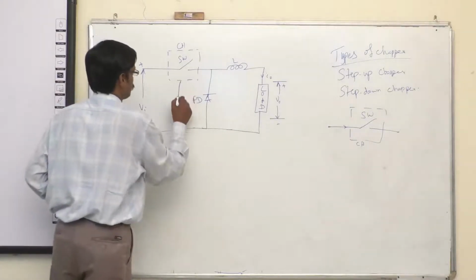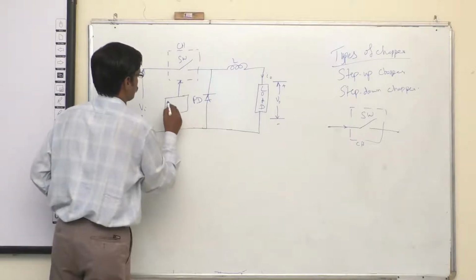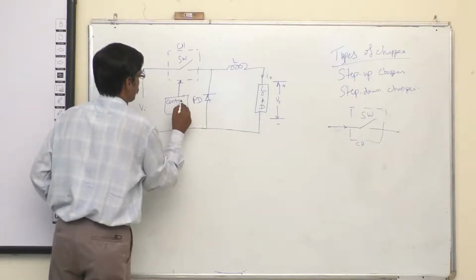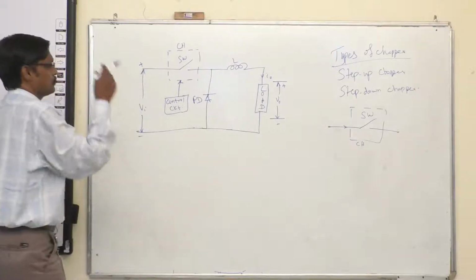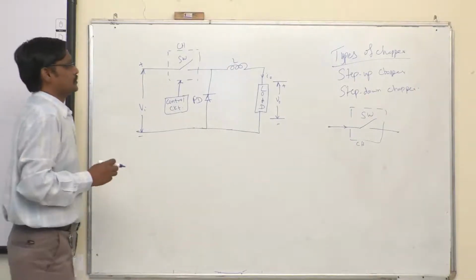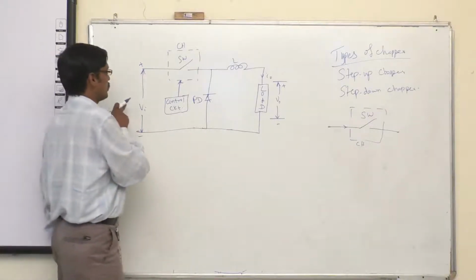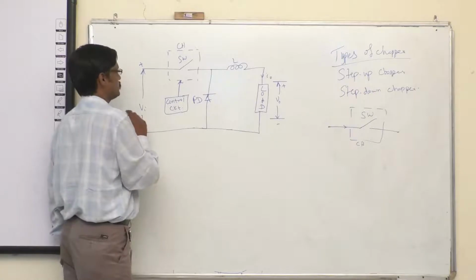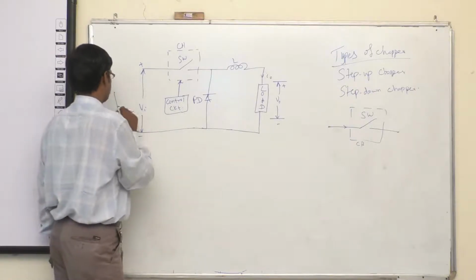For this chopper switch, you have to apply some control signal from a control circuit, so that you can control the output voltage. So this is the basic circuit of chopper. Here you are applying some input DC voltage, considered as a fixed DC.